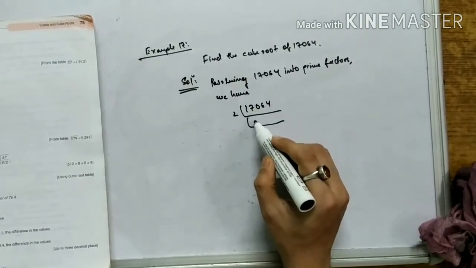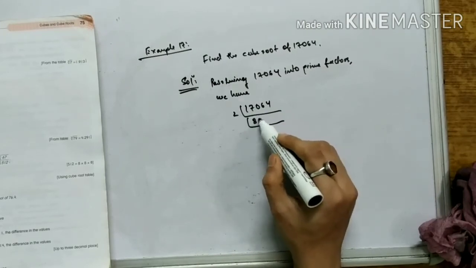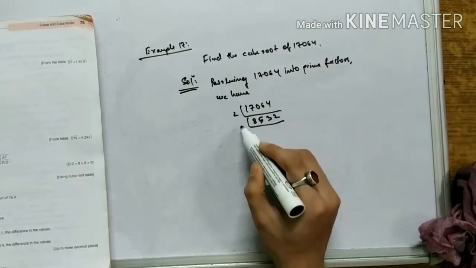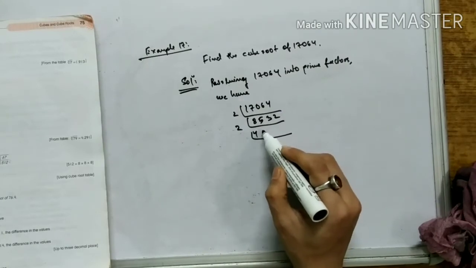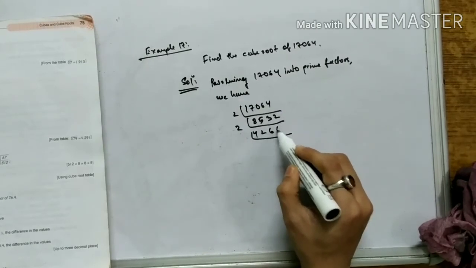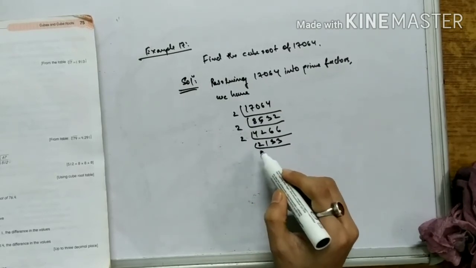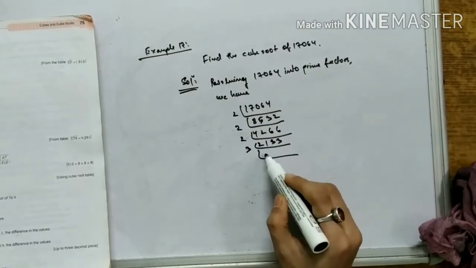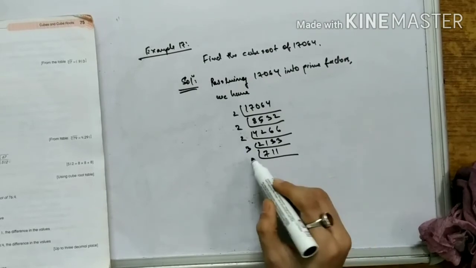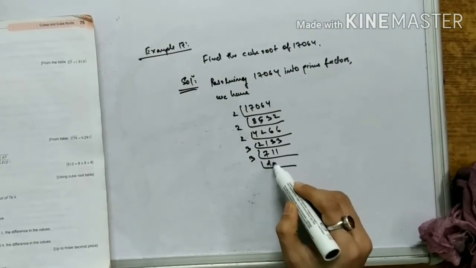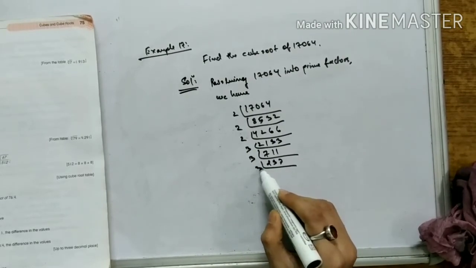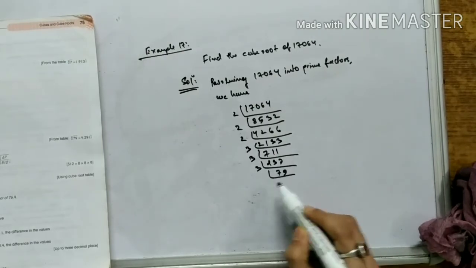I will get 2 8 16, 2 5 10, 2 3 6, 2 2 4, 2 4 8, 2 2 4, 2 6 12, 2 6 12, 2 2 4, 2 1 2, 3 3. This one 3. The 3 2 3 7 I will get 79.